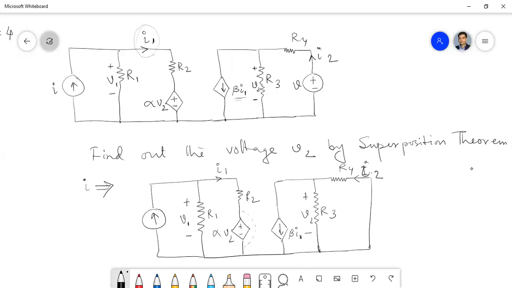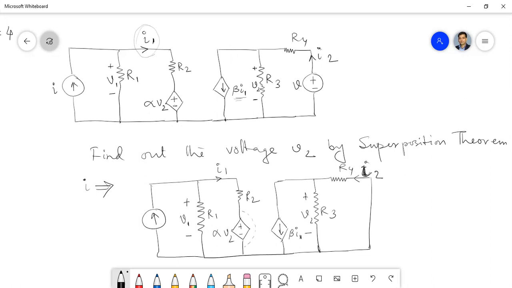Got my point? কি বুঝতে পেরেছো? You have to understand this very clearly, otherwise you cannot solve problems with dependent sources. This is the first time I am taking a problem having different dependent sources, so you have to understand this very clearly. If you have any doubt, just ask me.